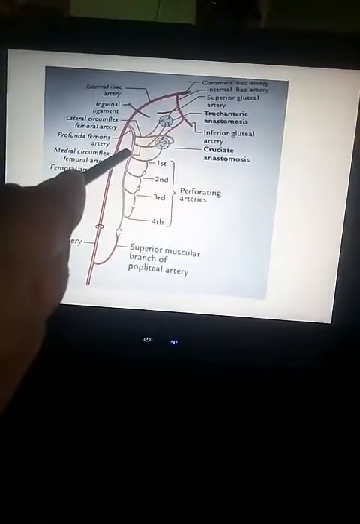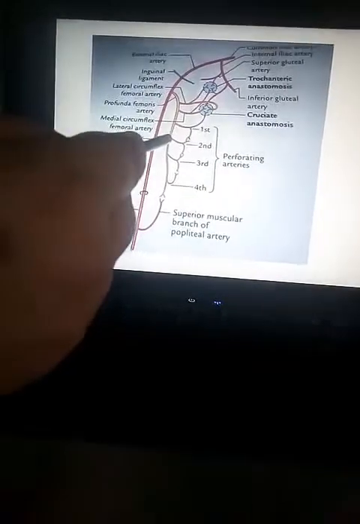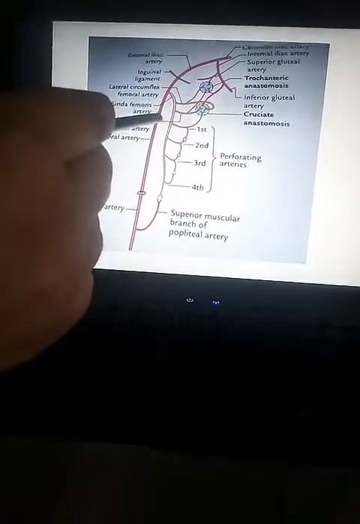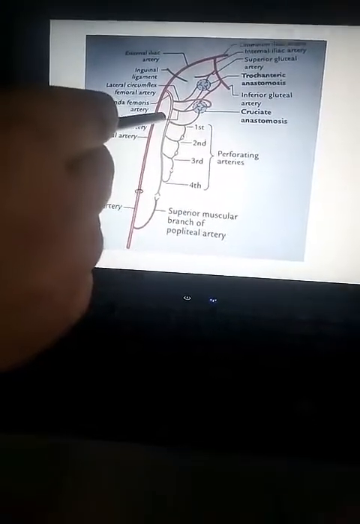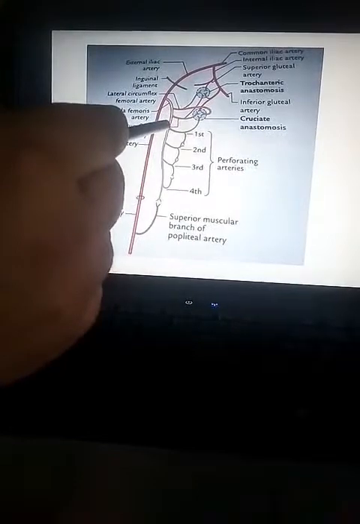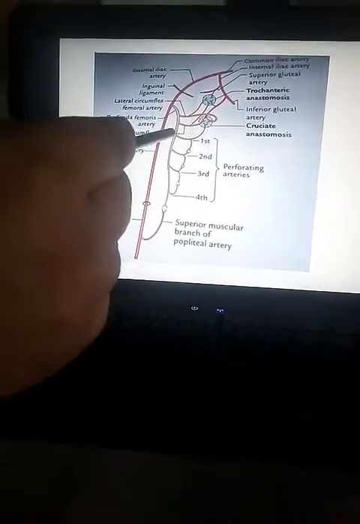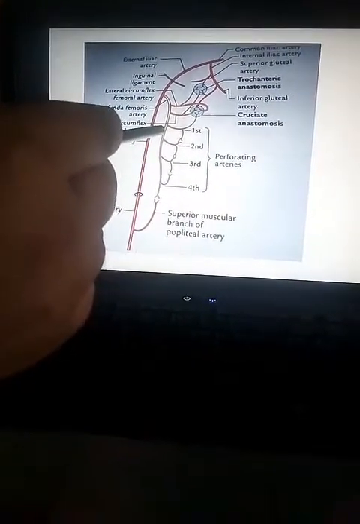The perforating arteries pierce the adductor magnus and divide into ascending and descending branches. Close to the posterior aspect of the insertion of adductor magnus, a chain of longitudinal arterial anastomosis is formed by the ascending and descending branches of four perforating arteries.